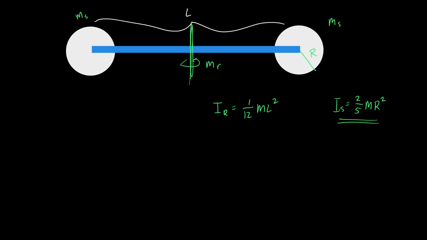Now, there's a way to do it, and I want you to have it in your notes. You don't have to do this every time. Once you have found a moment of inertia, you've actually found a lot of them because there's this thing, and you have to know this. It's called the parallel axis theorem.